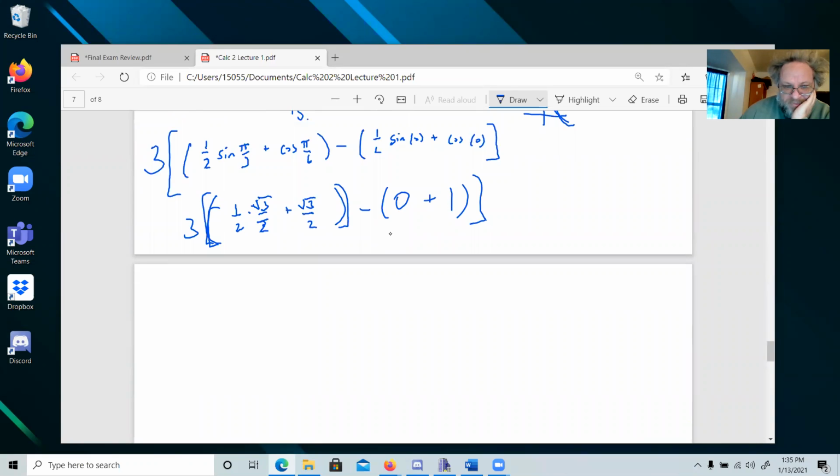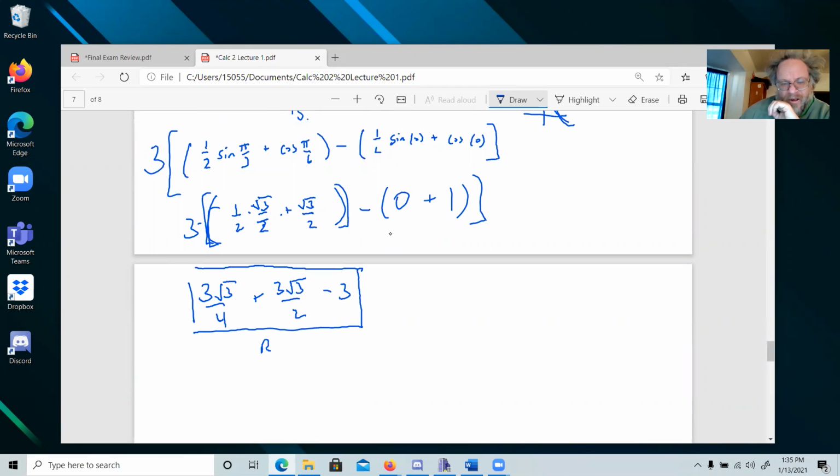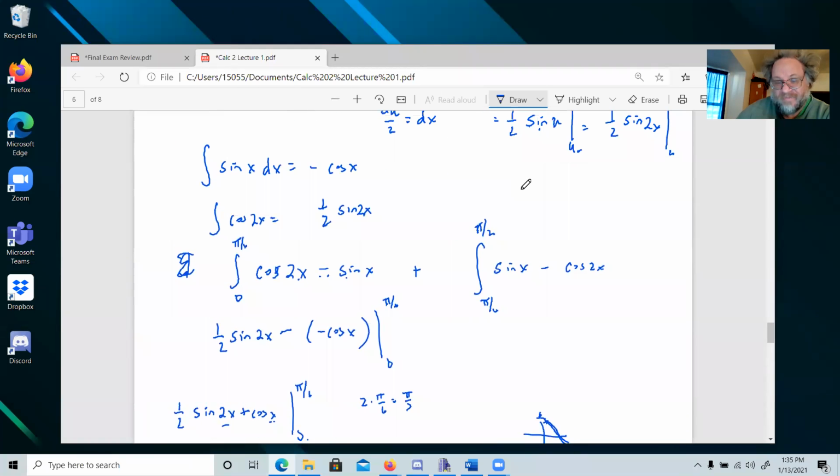We have 3 square root of 3 over 4 plus 3 square root of 3 over 2. We could combine these. Bear with me for a minute. Minus 3. All right, we're just going to hold that aside. That is region 1. Okay, that was from 0 to pi over 6. Now we got to deal with region 2.